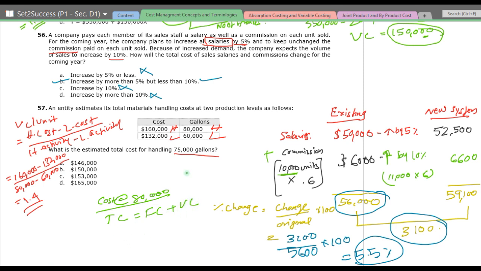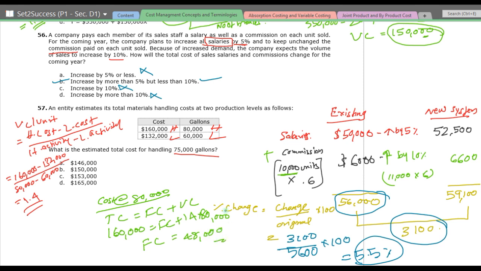So the total cost at 80,000 units we have 160,000, that is 160,000 is equal to fixed cost we need to find out, and variable cost per unit is 1.4 into 80,000. So the fixed cost comes to be 48,000.